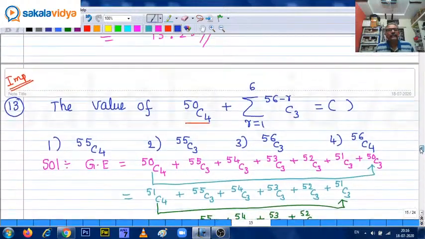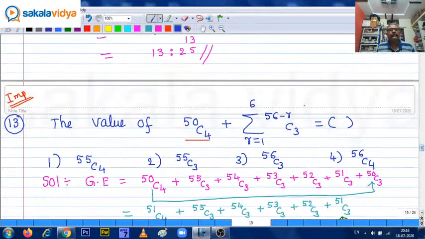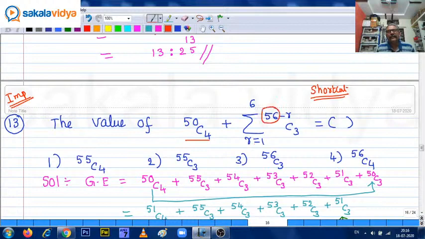I will tell you one shortcut. Whenever r is equal to 1 is there, you take the 56 and add 1 to this one. That means you get the answer 56C4. That's the answer.